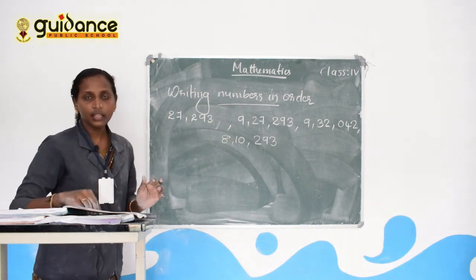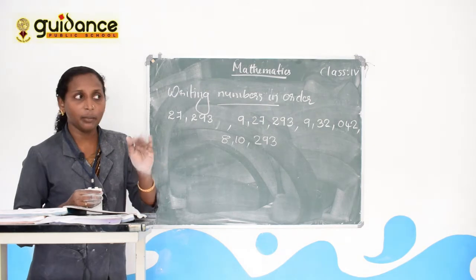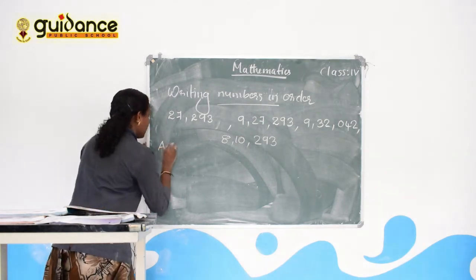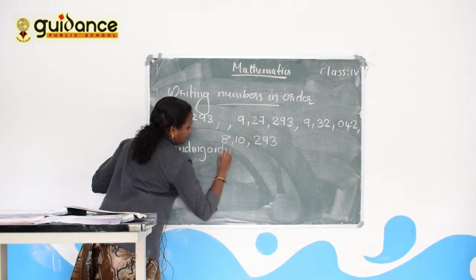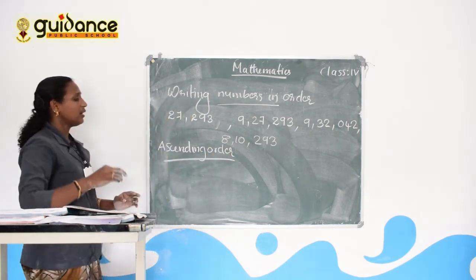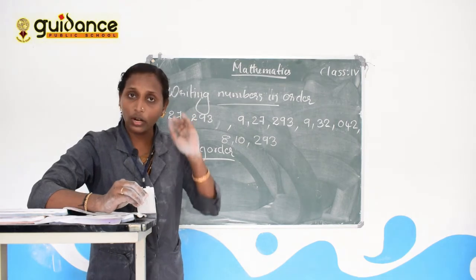So these are the numbers. First we have to write the numbers in the ascending order. I told you, ascending order means to write the numbers from smallest to biggest.